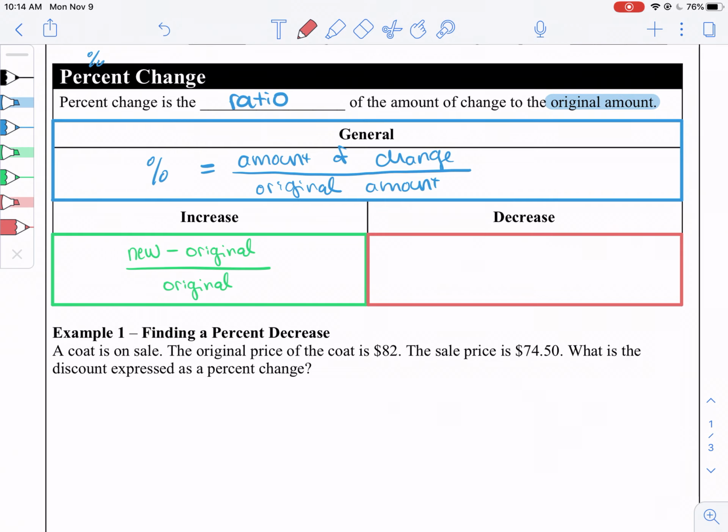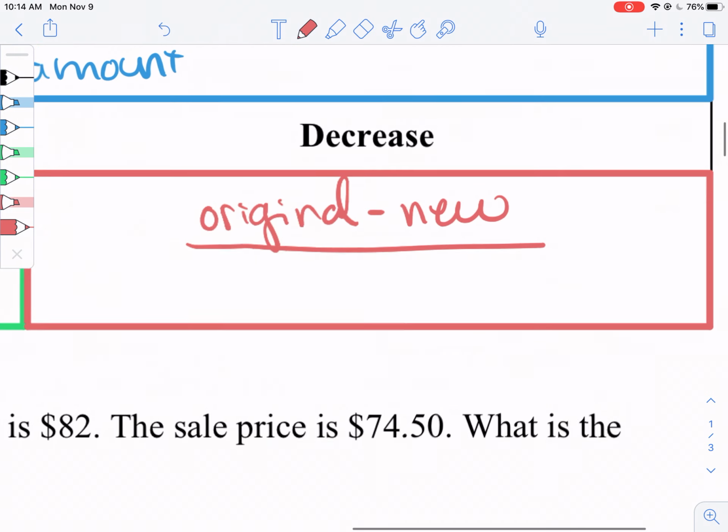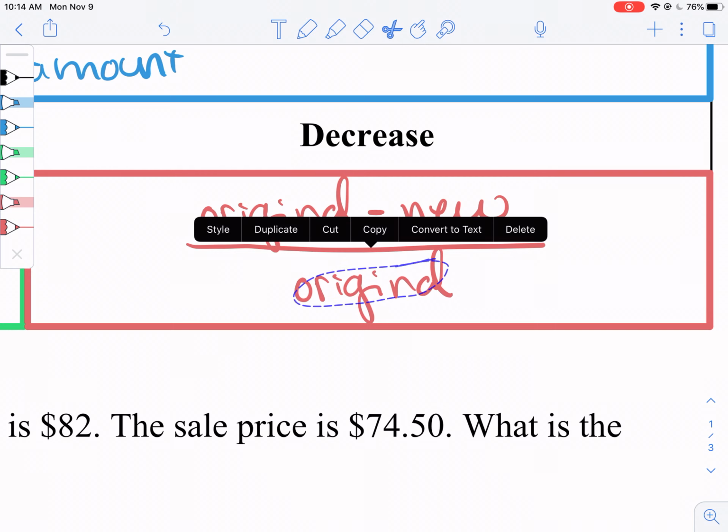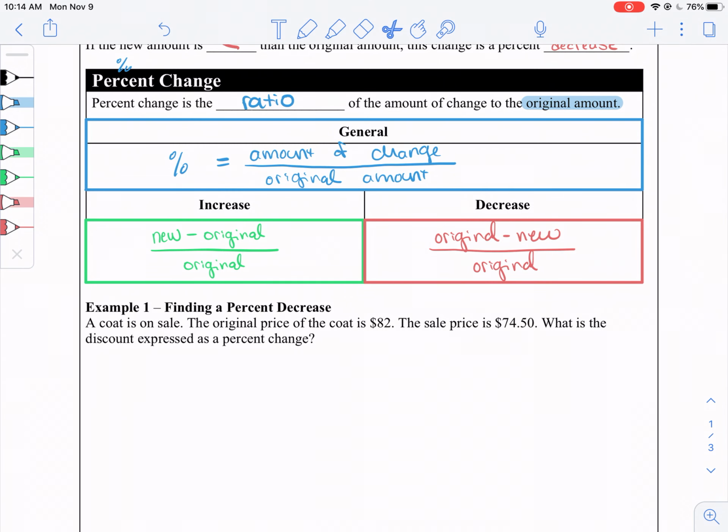If it goes down, we'll want to take the bigger one first, which is the original, and subtract the new amount from that. That's your change, and you'll put that all over your original amount. That'll be your percent. So let's do a decrease as an example and then an increase as an example.